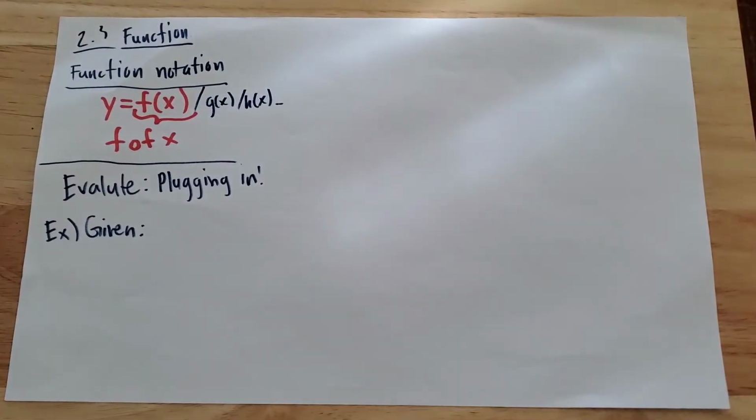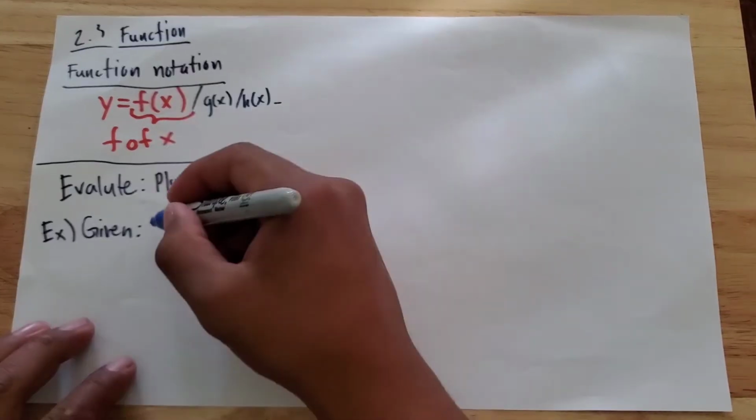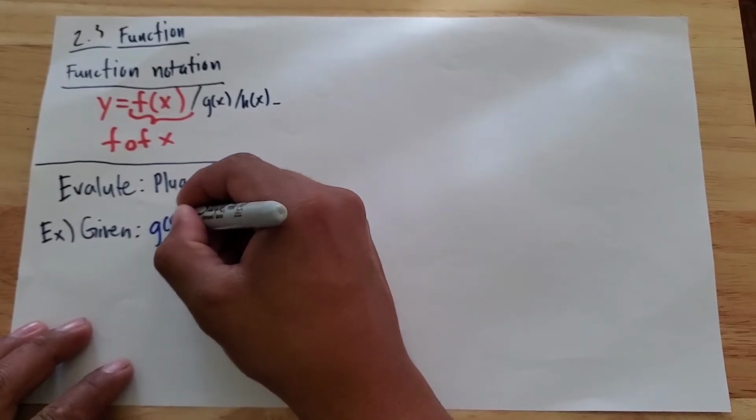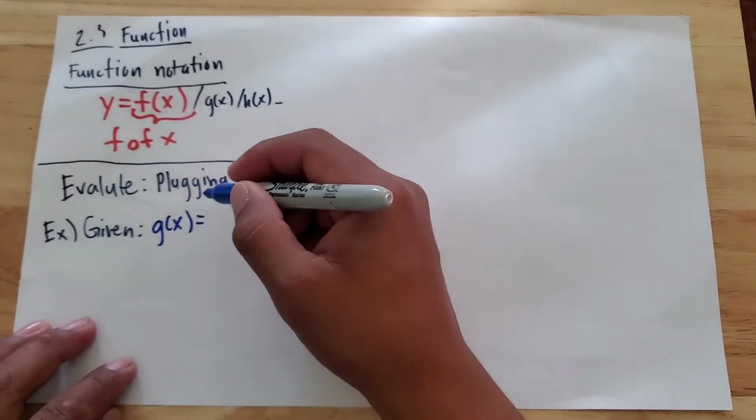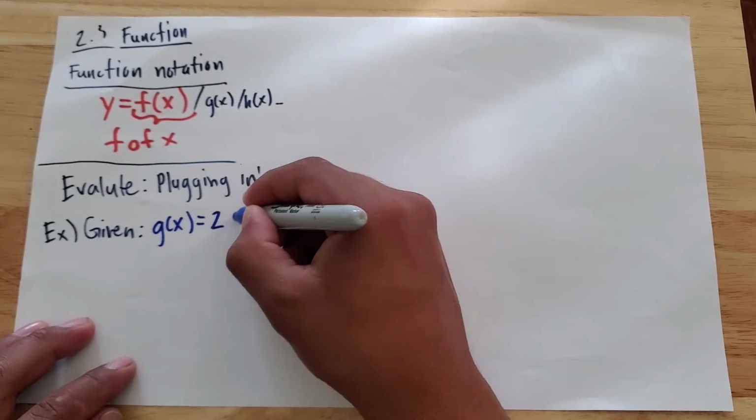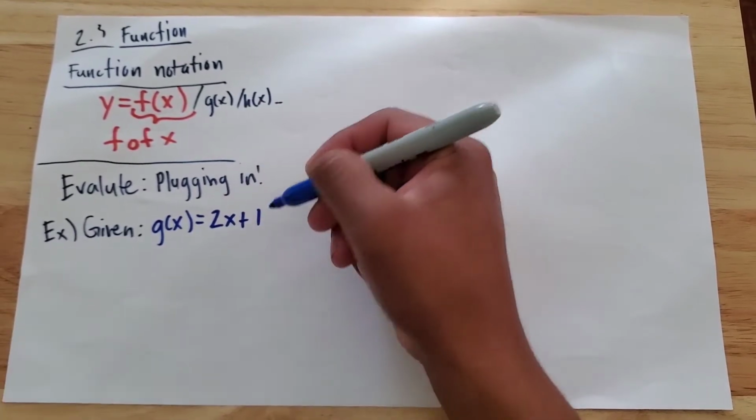The idea is that after the letter, it has the parentheses and then x inside that parentheses. So it doesn't always have to be exactly f of x. It could be g of x, and the function is 2x plus 1.